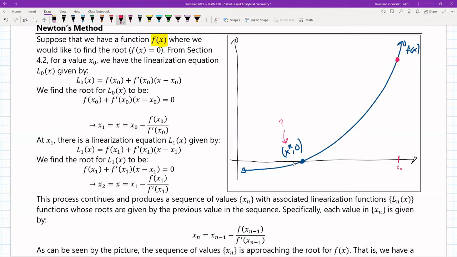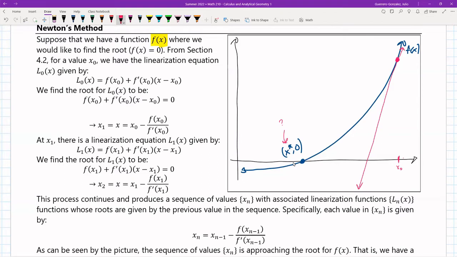We know from section 4.2 that there is a linearization here. There's a tangent line approximation. Let me actually make it a little longer. There's a tangent line. I'm drawing on this little pad, and it just keeps scooching out at me.